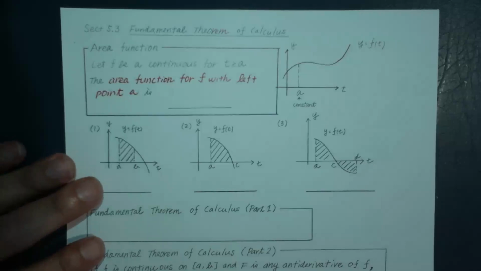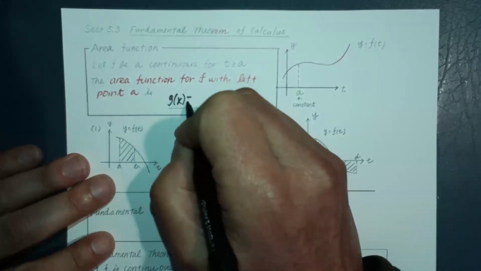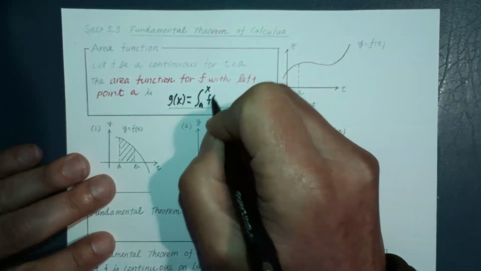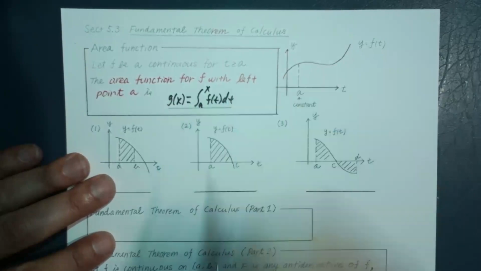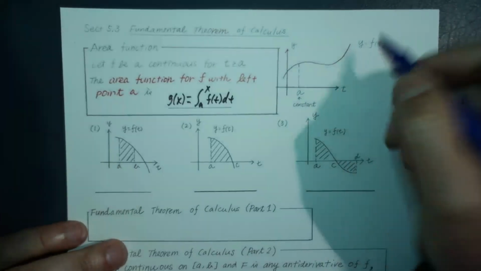So let's talk about the area function. The area function looks like this. And what that would look like over here is, so here we have f of t.